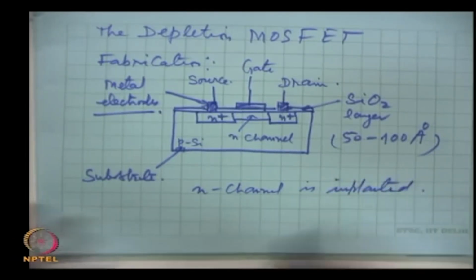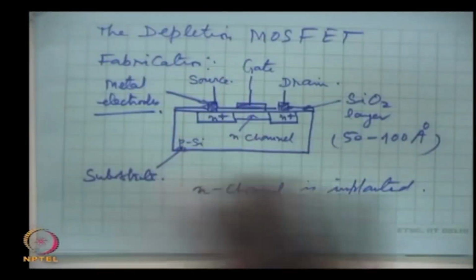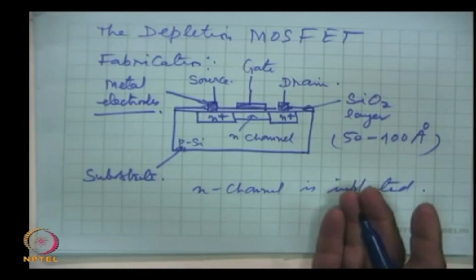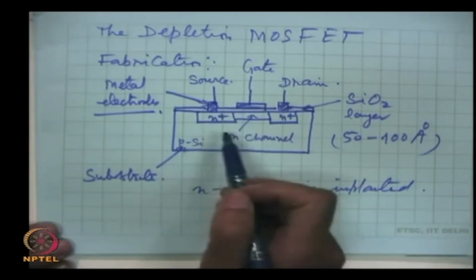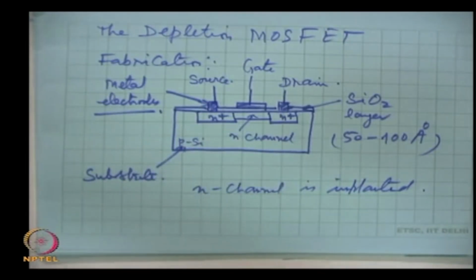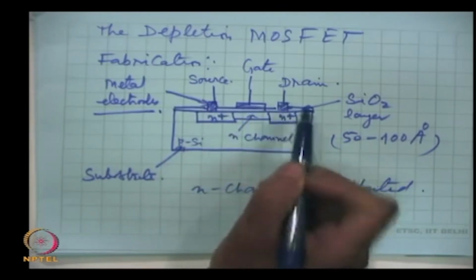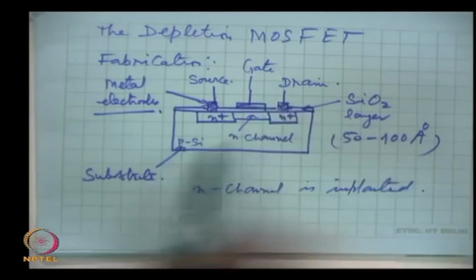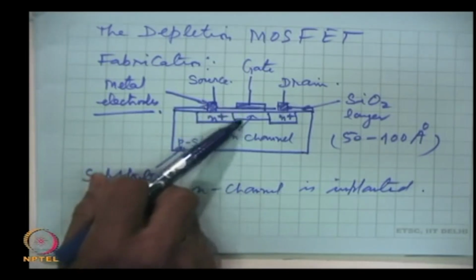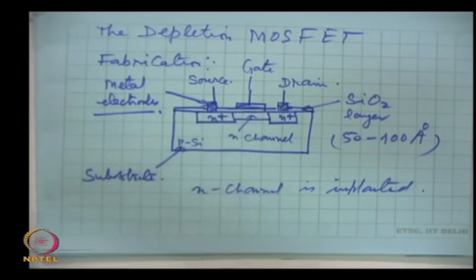These are sophisticated techniques of creating N or p type regions at specified places, very precisely, because I will draw this bigger to make my points clear, but actually these dimensions are a fraction of a millimeter. The total dimension is very small, 1/100th of a millimeter or still smaller. So the channel is implanted and the oxide layer is put, so that the gate and the semiconductor are separated by this oxide layer.